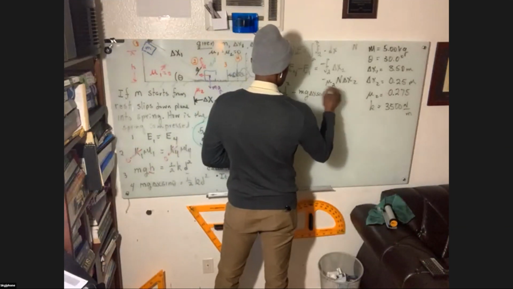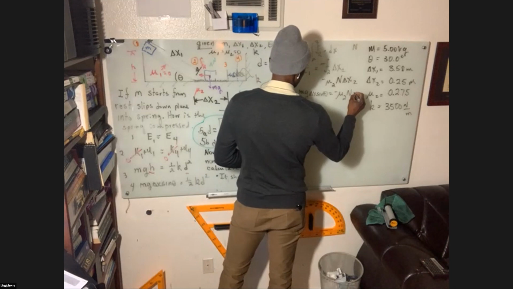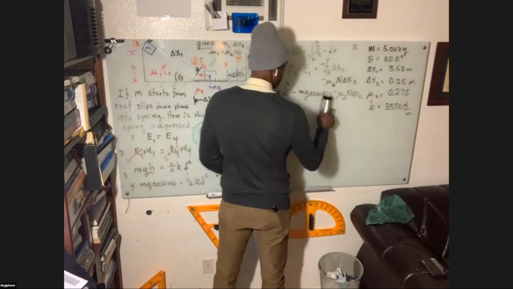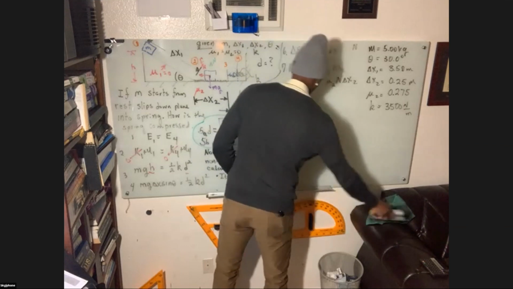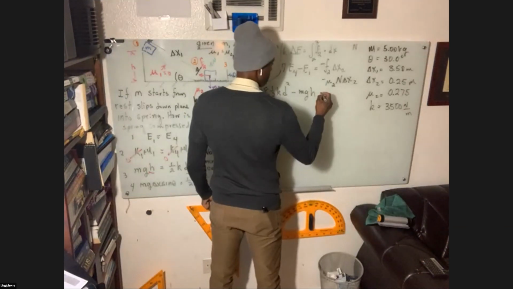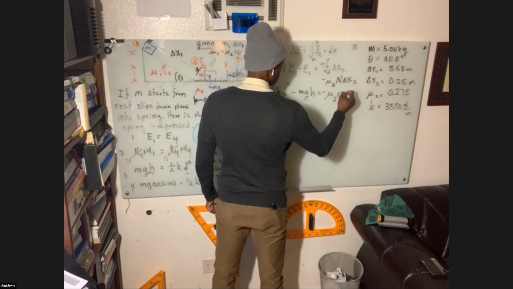Equals minus mu2 N delta X2. In fact, let's make this H, where H is this value, and then equals minus mu2 N delta X2.